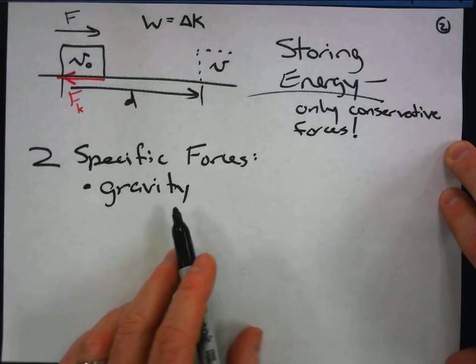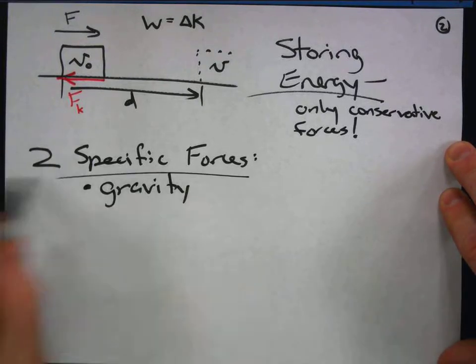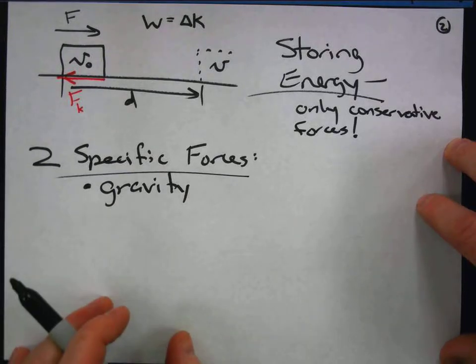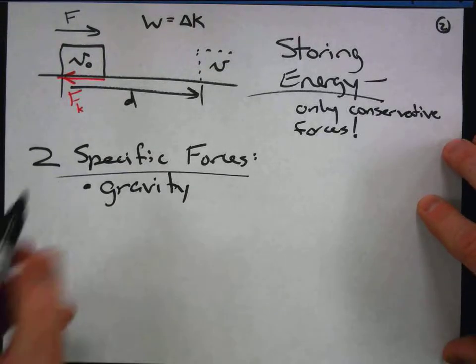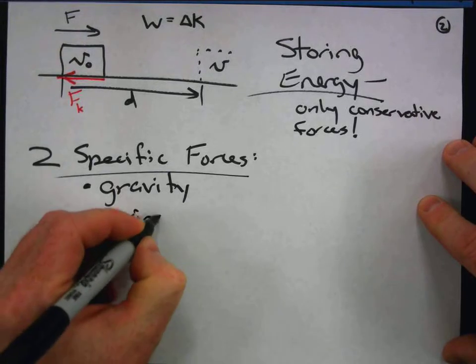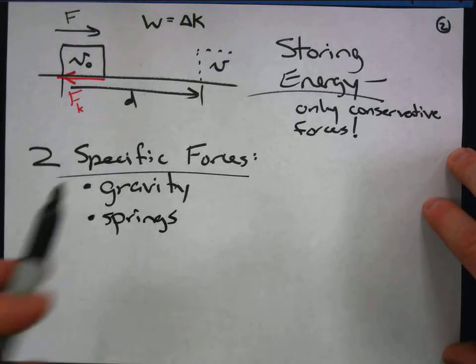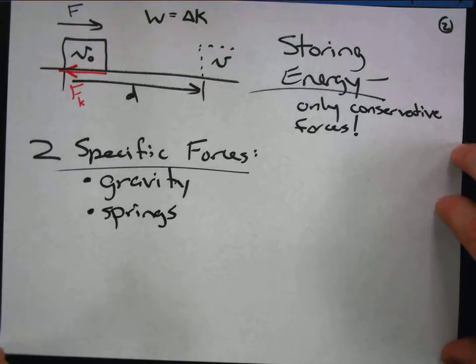The work gravity does is independent of the pathway. That makes gravity a conservative force. There's another type of force that is conservative, and it's the force we see in springs. So we're going to look at these two examples very specifically.